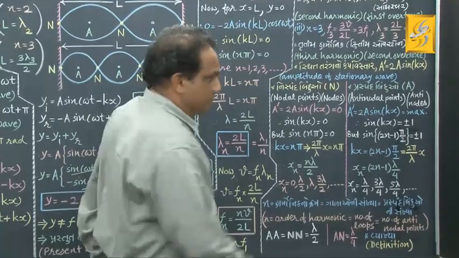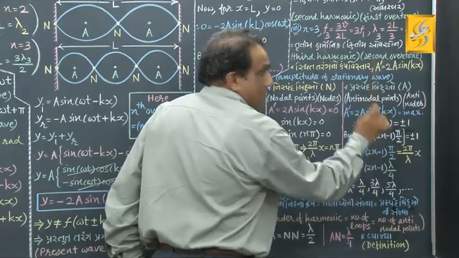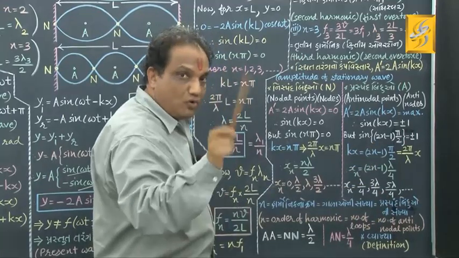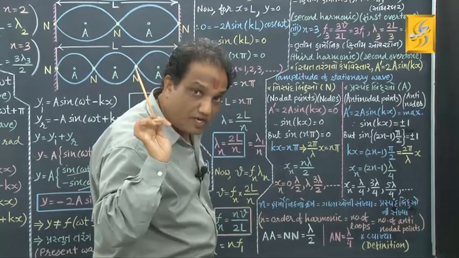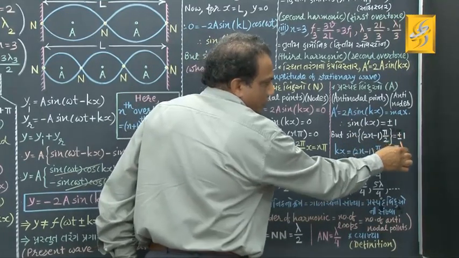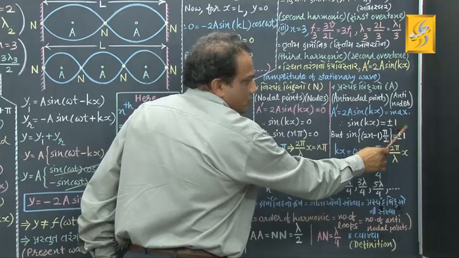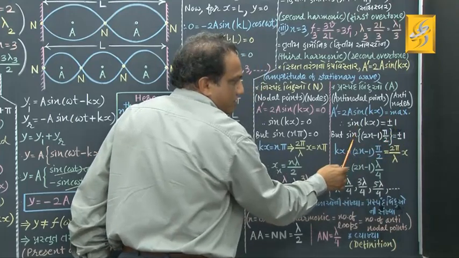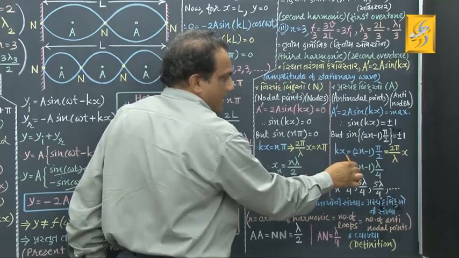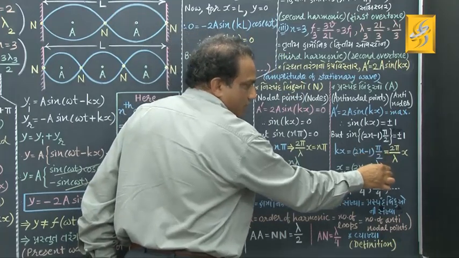Plus or minus 1. But from trigonometry, sine of (2n minus 1) into pi by 2 is also plus or minus 1. Now these two values are the same, so these two angles must be the same. Kx must be (2n minus 1) into pi by 2.